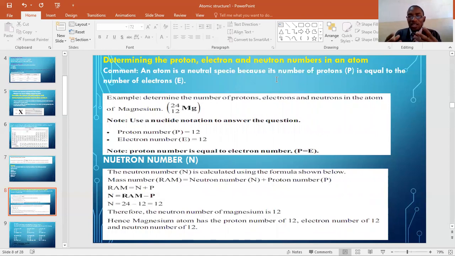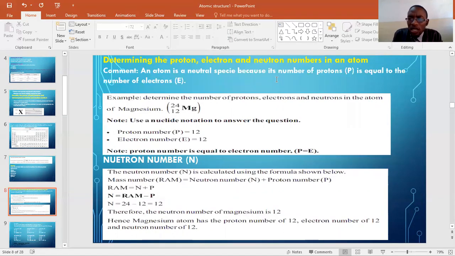So it's our responsibility to know these numbers, because they are very important numbers that will help us interpret a lot of things and give conclusions which are reasonable and validated conclusions. So when I look at oxygen, how many protons are there?